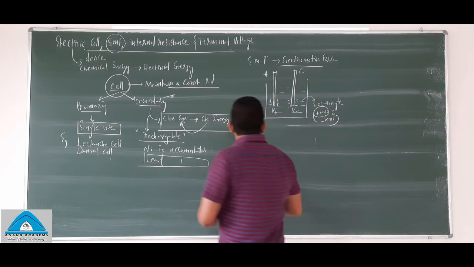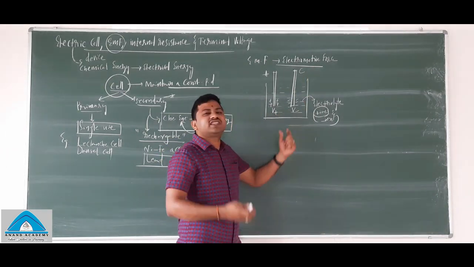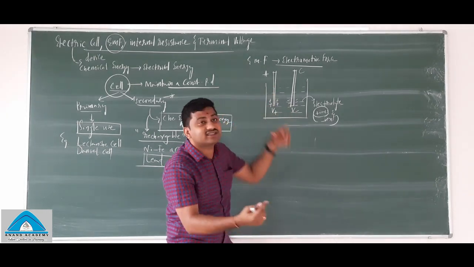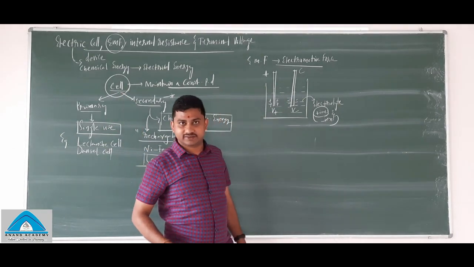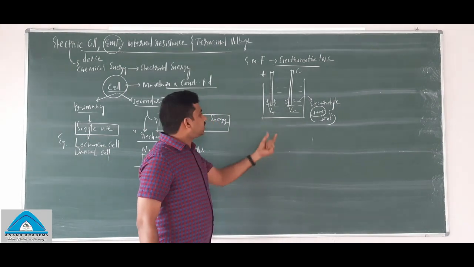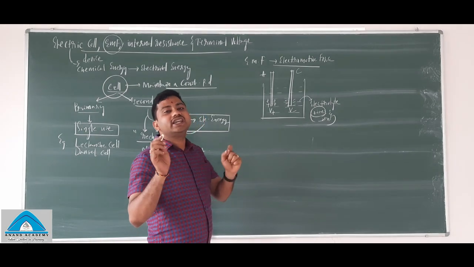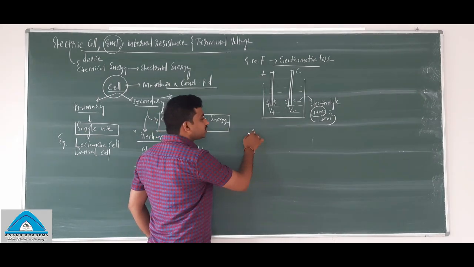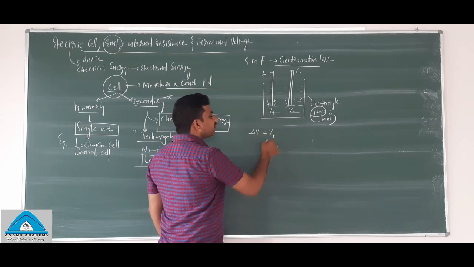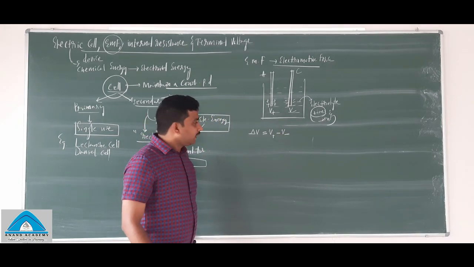Why is the name given as a force? Because this is the driving force for the charges to flow when the cell is connected to some external resistors. So a constant potential difference is maintained within the cell, that's called EMF. That constant potential difference, the change in potential delta V, will be V plus minus V minus, right?